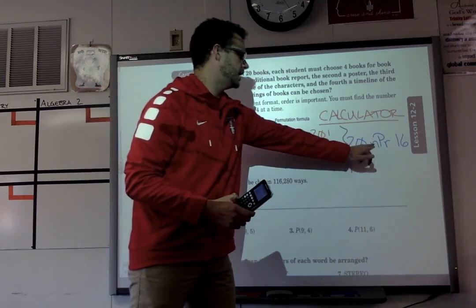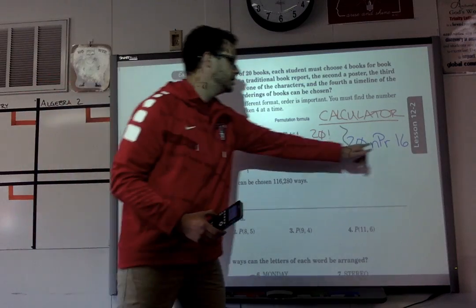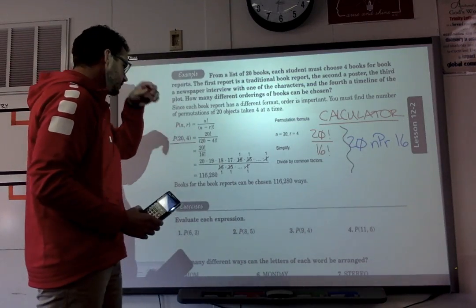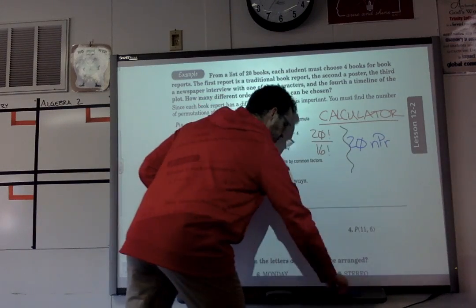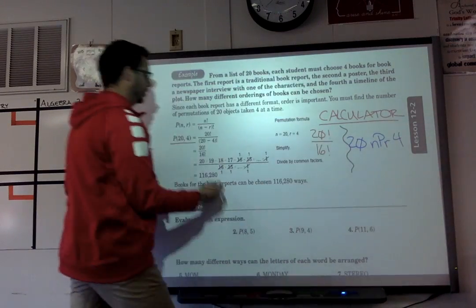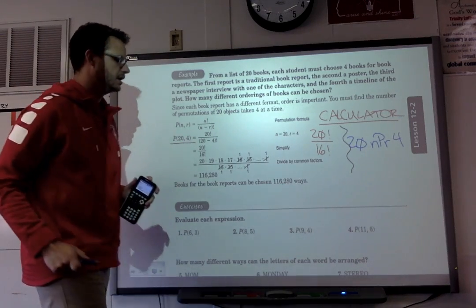Because 20 is our n, the total number of objects. r would not be 16 in this case. Sorry about that. r would be 4, because we're taking 4 at a time, that r value.